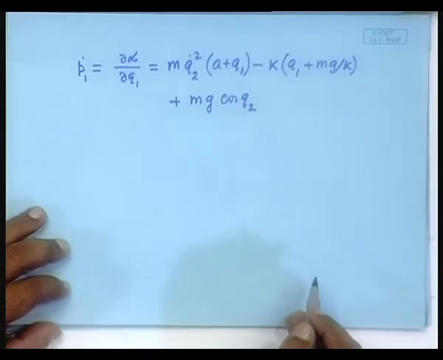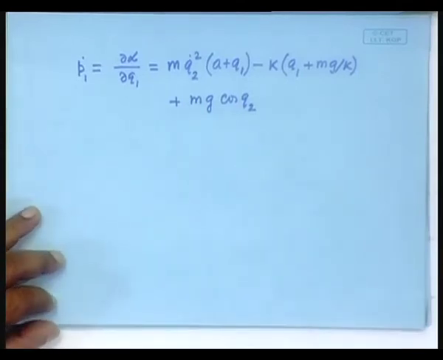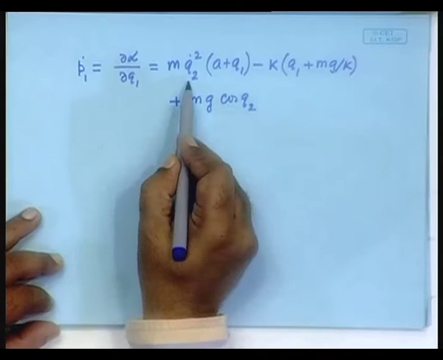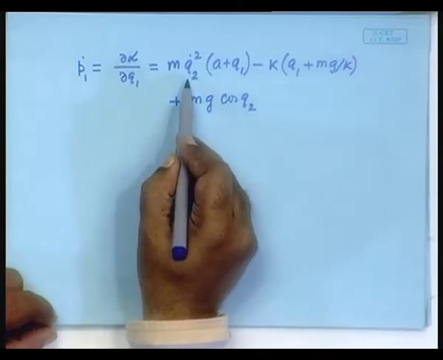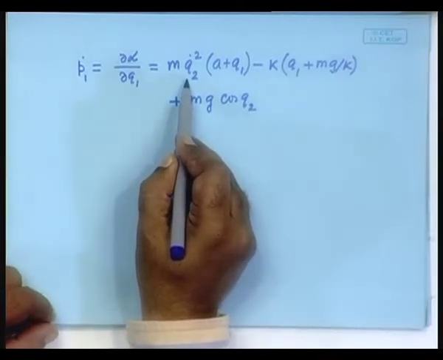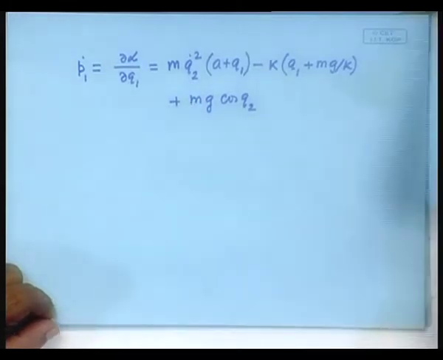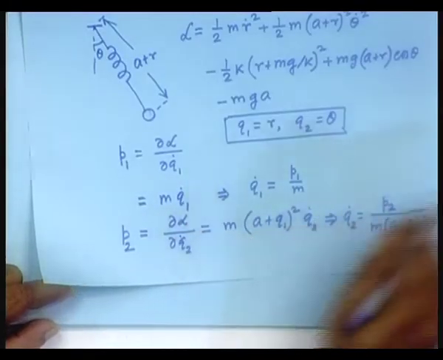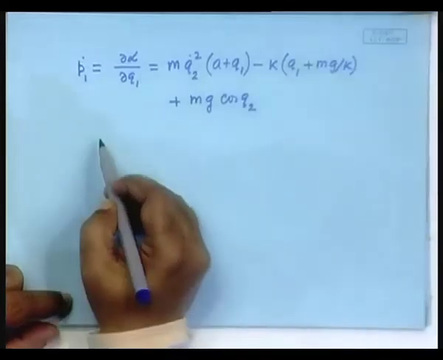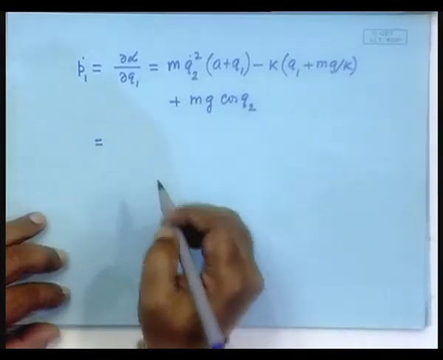Right. So, I am yet uncomfortable with this term, because here I have a dotted term which I do not want in the right hand side. So, that can easily be eliminated by substituting this. So, that gives finally the equation.